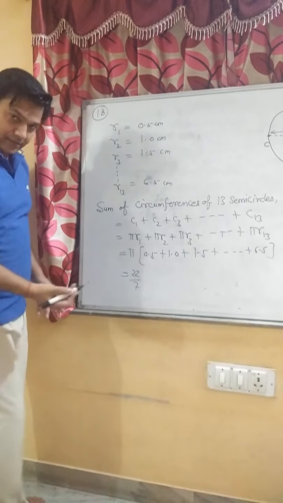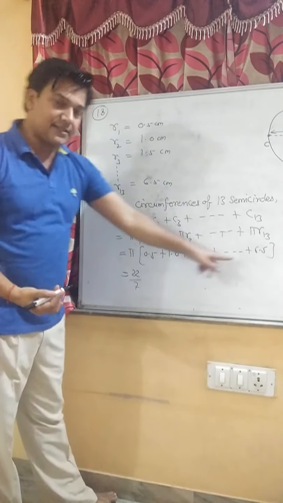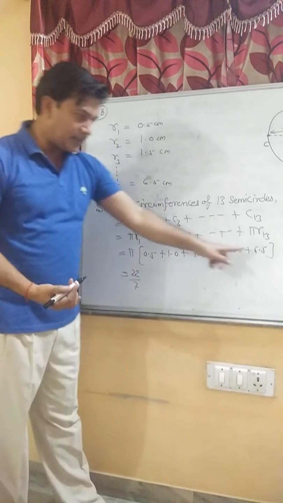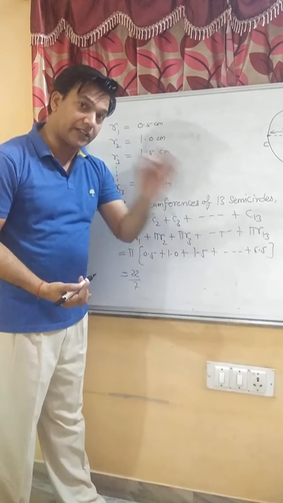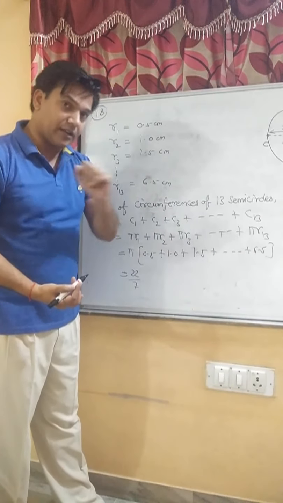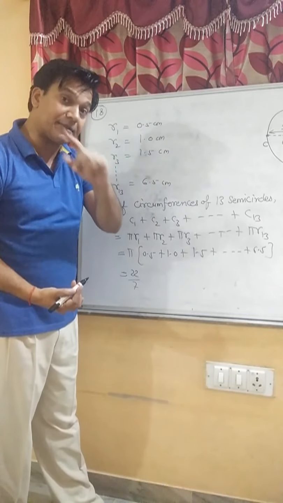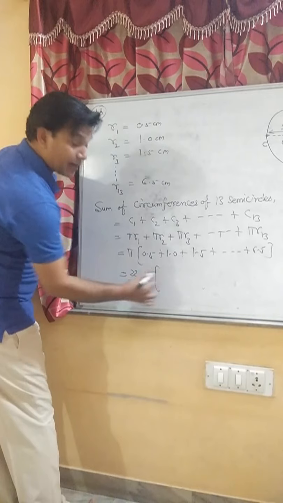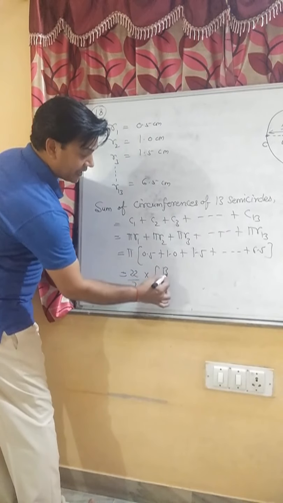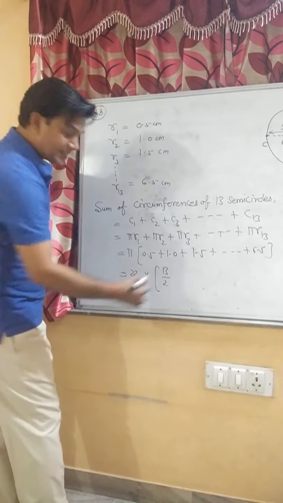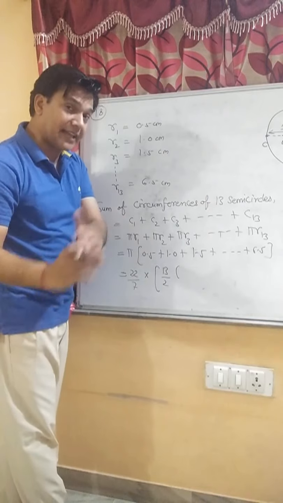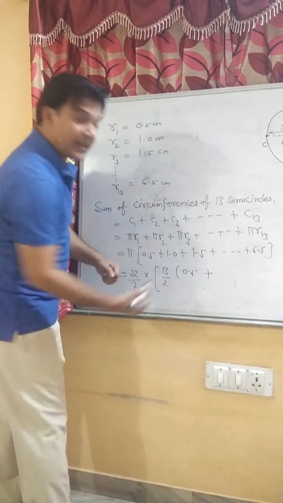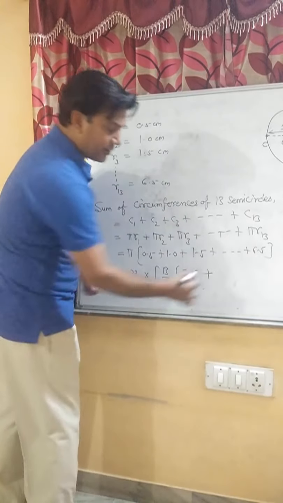We know that this is an AP in which the first term is 0.5, the last term is 6.5 and the number of terms is 13, because there are 13 semicircles. So according to the formula n by 2, which means 13 by 2, inside the bracket a plus l, a the first term plus l the last term, 6.5.